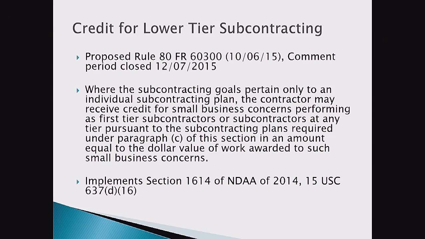Under this new rule, you're going to goal at the first tier and at lower tiers. And then as those lower tier subcontractors report, that will be counted towards your goals. So there shouldn't be any extra reporting by the prime or by its subcontractors. They continue to operate with their subcontracting plans as they normally would. It just will get rolled up and count towards the goal of the prime.